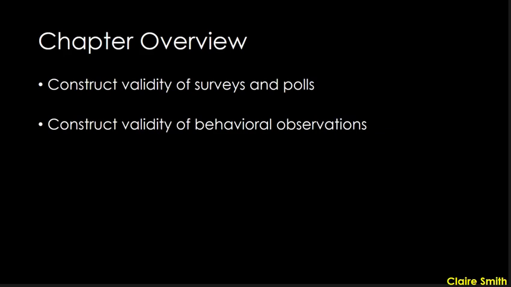All right, so chapter overview. First, we're going to talk about some construct validity of surveys and polls, and then construct validity of behavioral observations. So two different ways we can collect data. And the focus of this chapter will be on how researchers use these surveys and behavioral observations to measure one variable for frequency claims.